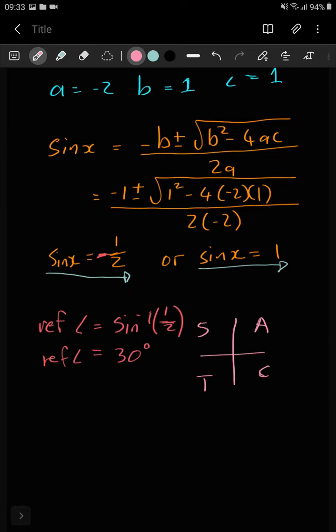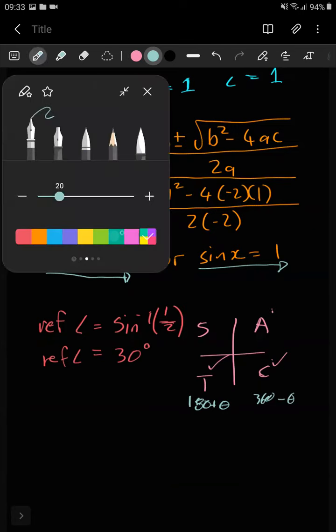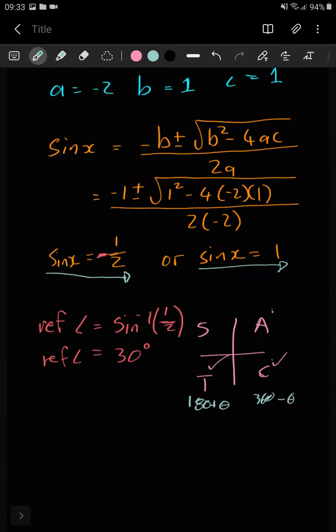So let's see here. Where is this thing now? Oh yeah, so we have to work here and here. So this is going to be 180 plus, and this is 360 minus.